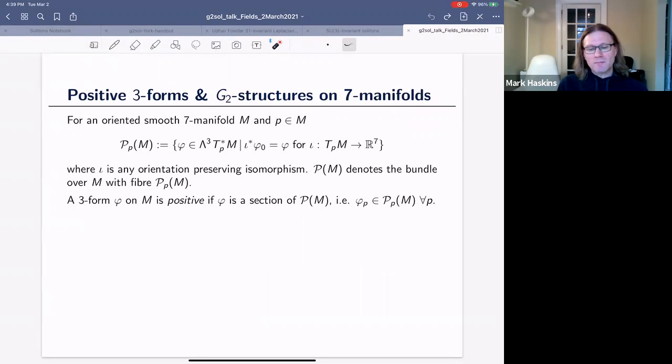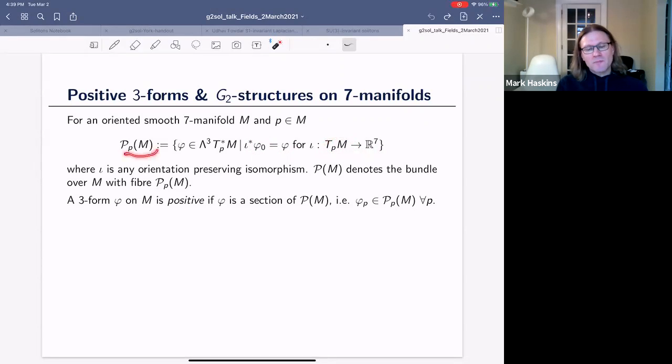So if phi 0 is my particular choice of 3 form constructed via the octonions, then on a smooth manifold I can ask that there be some isomorphism from the tangent space at a point to R7 that pulls back my standard model and gives me a 3 form at the point.